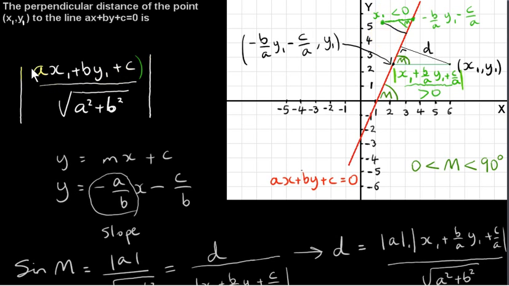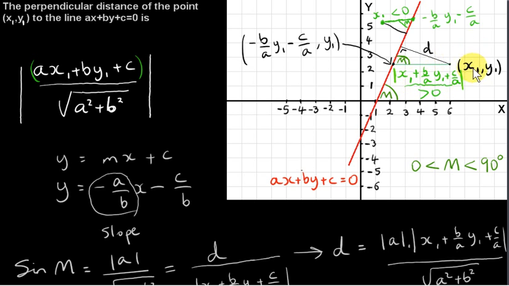This means that this quantity up here will be positive or negative depending on which side of the line we're measuring from. Because this quantity up here is just got by multiplying the quantity in here by A. So points on one side of the line will be positive or negative.